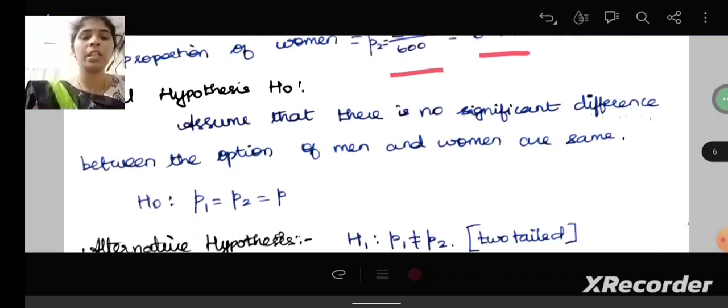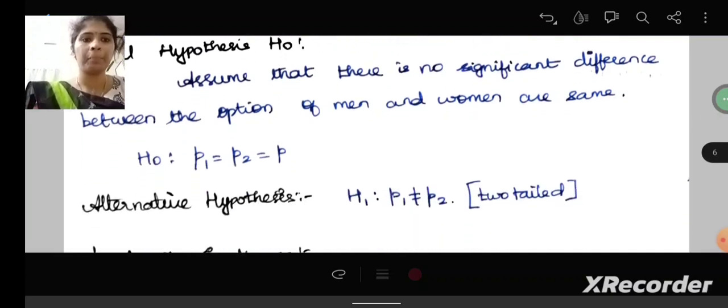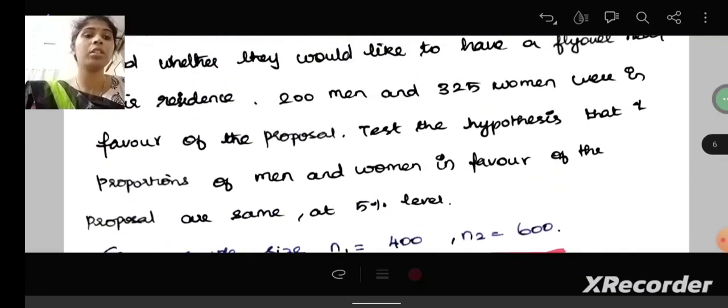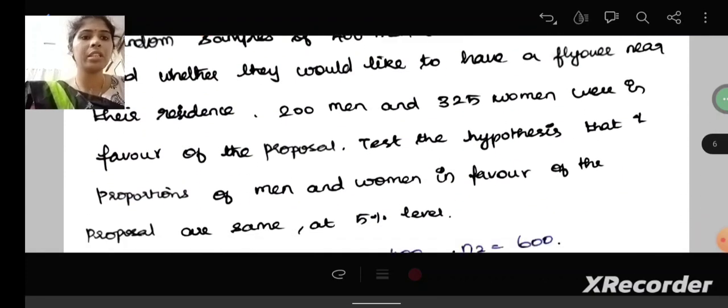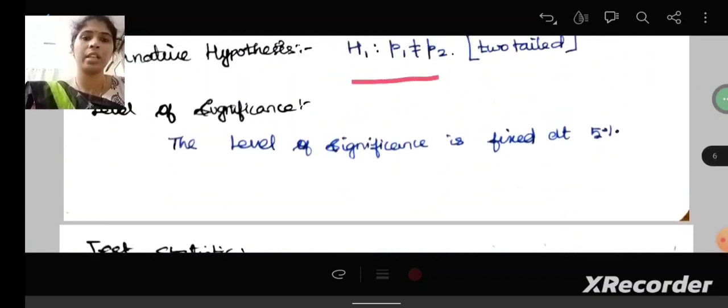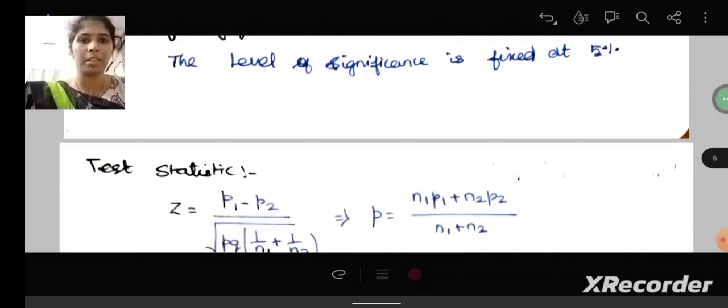Therefore p1 is equal to p2 is equal to P. Since we have taken there is no difference, we take the alternate hypothesis as p1 is not equal to p2. Since it is given in the question, we have to test at 5% level. We take the LOS, that is the level of significance, as 5%.